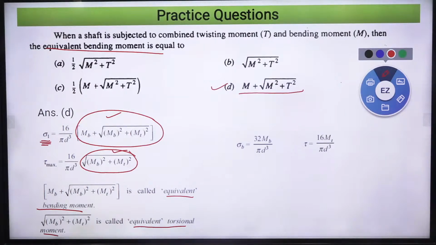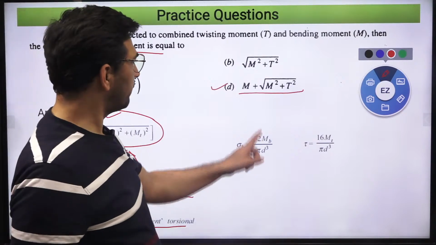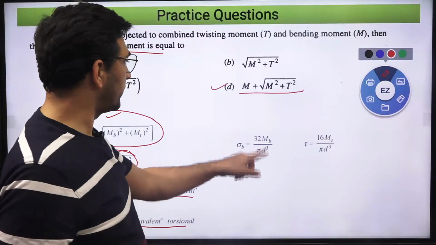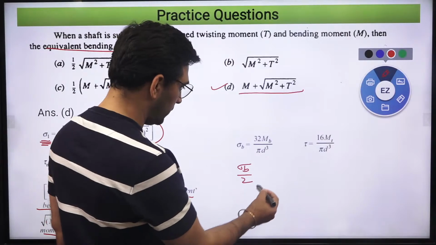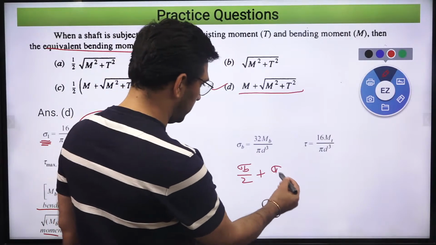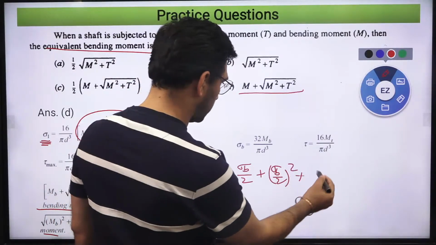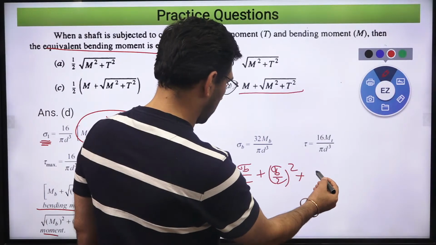Sir, it should be 32 in the expression for bending stress. Just cross check it. It is 32 over here, but when you input that over there, it is divided by 2. Again, it is divided by 2. See, over there, sigma b by 2 plus the square root of sigma b by 2 whole square plus tau square, right?